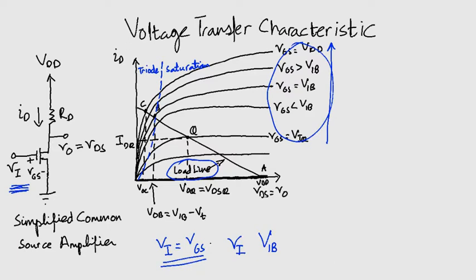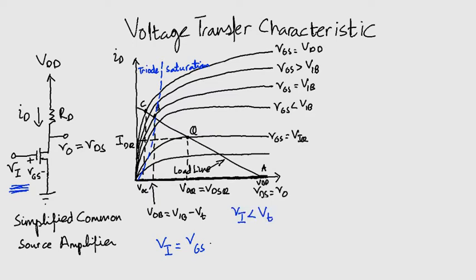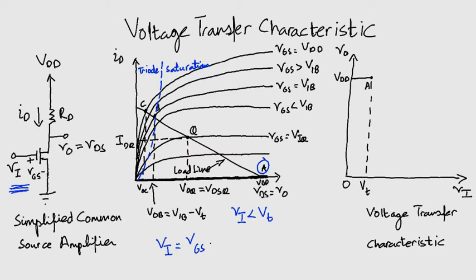So just be patient. When Vi is less than Vt, the transistor will be cut off by definition, ID will be 0, and V0 equals VDS is going to be equal to VDD. We will be at point A. Agreed? You can see this on the graph on your right.